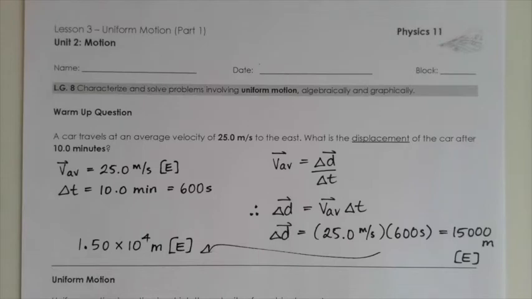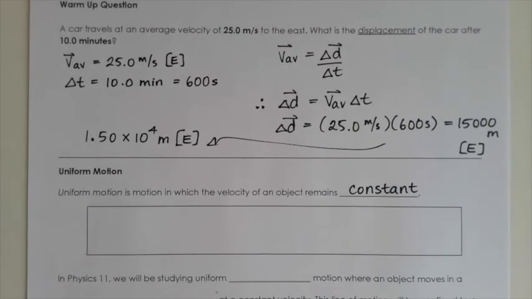So what is uniform motion? Uniform motion is a term that we use to describe motion which is uniform in terms of its velocity. So uniform motion is where the motion of an object in terms of its velocity is constant. The velocity remains constant during that object's motion.